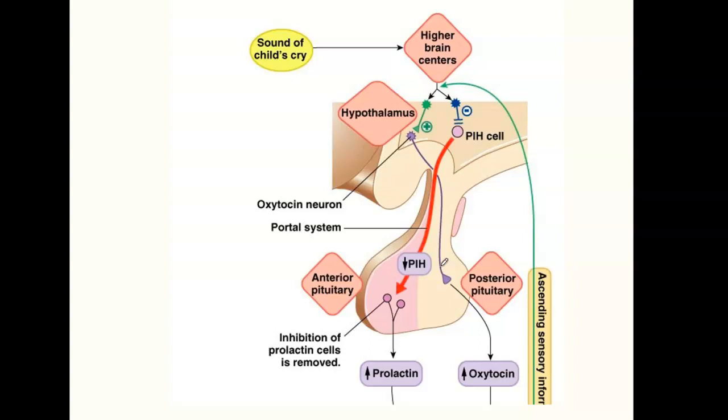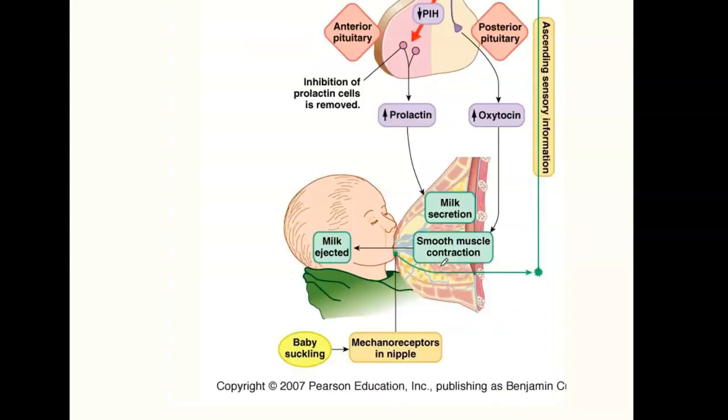Okay, let's go to the next section of this, which is once that inhibition is removed and once prolactin is manufactured, then that prolactin is going to manufacture more of that milk in the breast, and that oxytocin then is going to stimulate smooth muscle contraction, and that milk is going to be ejected.